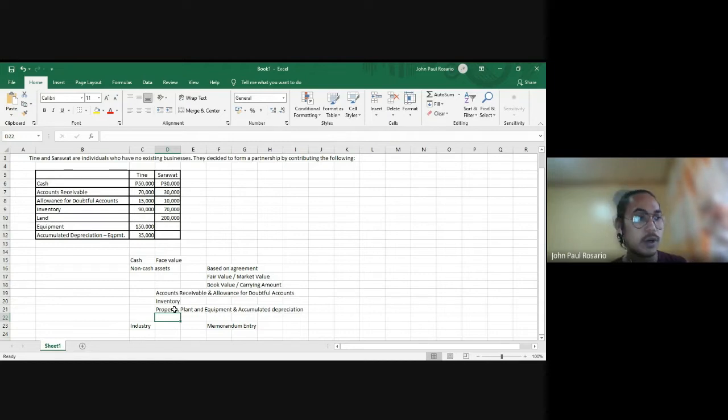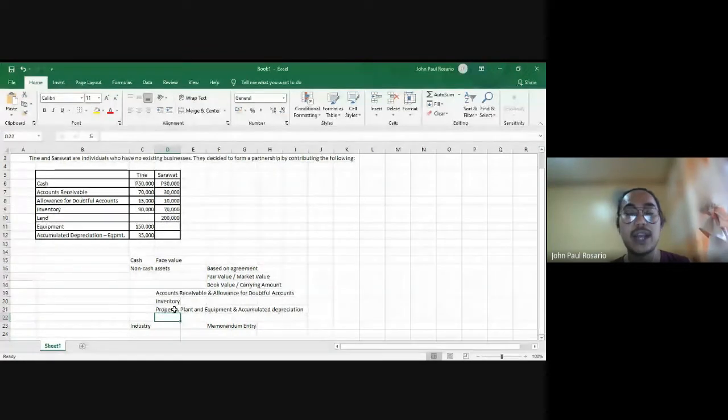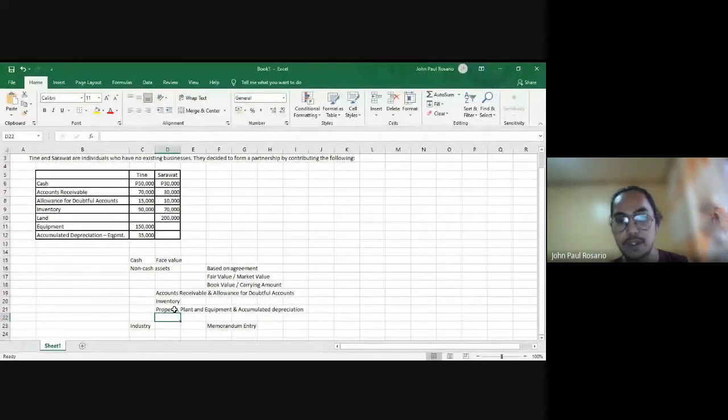So if you record a contributed equipment, it should be net of the related accumulated depreciation. So once an equipment is contributed, the accumulated depreciation will be deducted first before it can be carried forward to the partnership books.